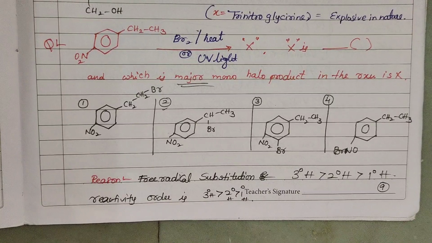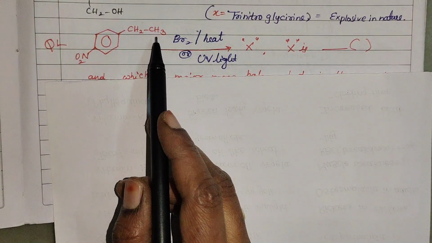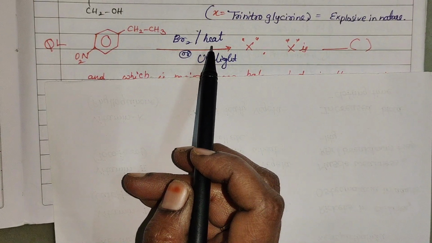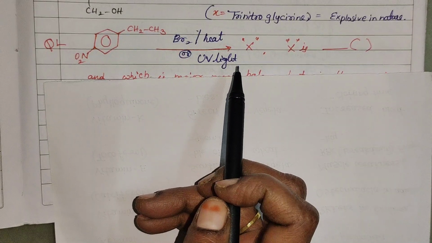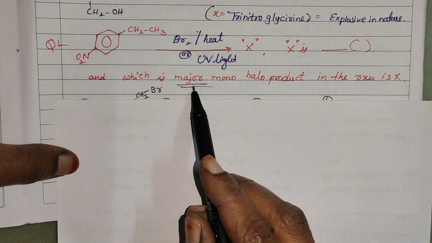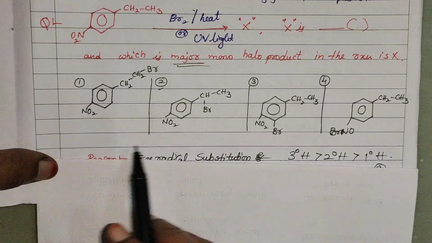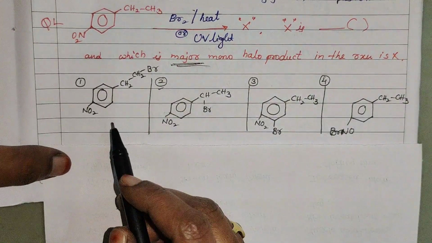Check this. On benzene, a nitro group is present and an ethyl group is present. When it is heated with bromine, in presence of bromine, if we heat or apply UV light, what is the product X that is formed? Simple beta, the major monohalo product is formed. We may expect all these kinds of products, but what is the major one he is asking here?